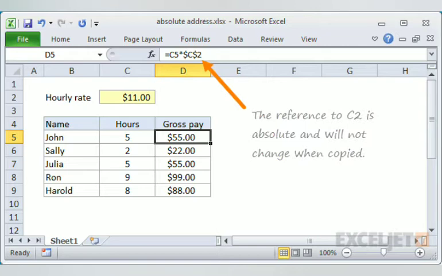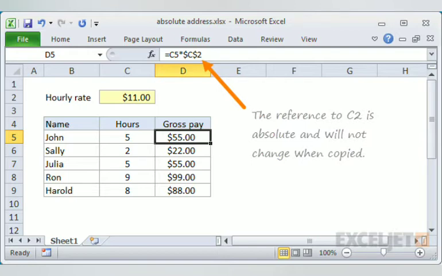We know that a cell address is the combination of column and row. So if we do not want to change the cell address used in a formula, we use the absolute reference by putting the dollar symbol before the column name and the row number.